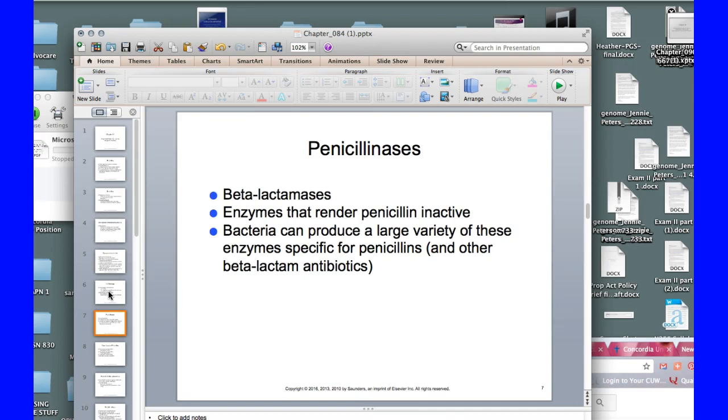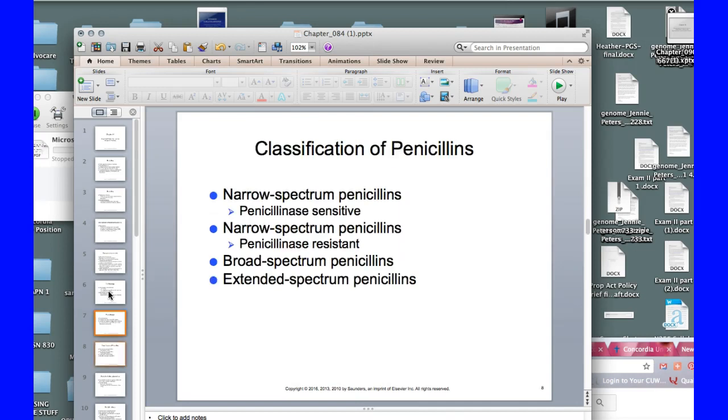So bacteria produce a large variety of these enzymes specific for penicillins and other beta-lactam antibiotics. And so beta-lactamase is an enzyme that renders the penicillin inactive. So again, chemists had to be more sophisticated and figure out how we are going to get through that beta-lactamase in that bacteria.